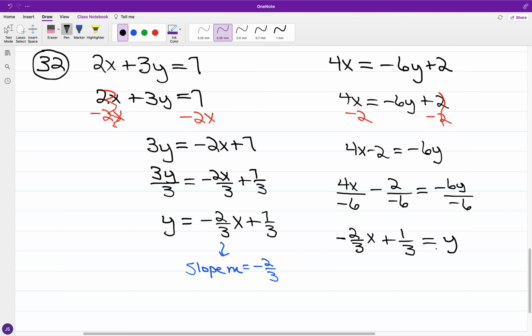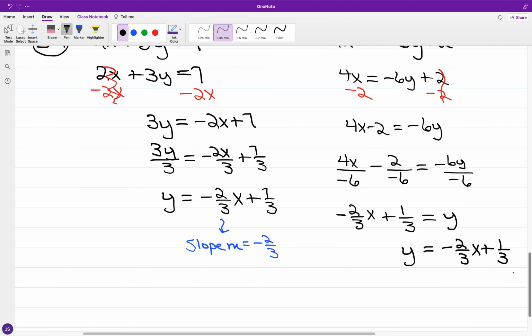And just rearranging, so we have y is equal to negative 2/3 of x plus 1/3. And so we have here the slope also at negative 2/3.